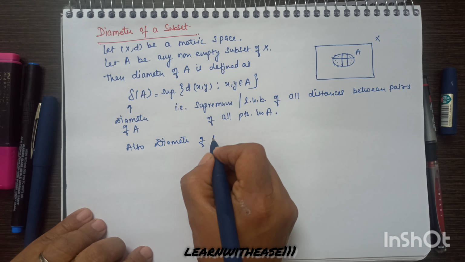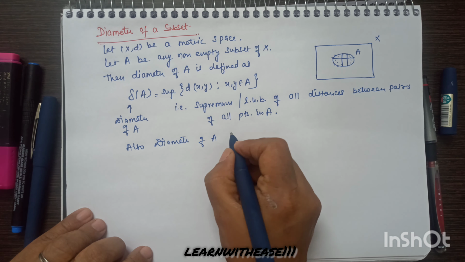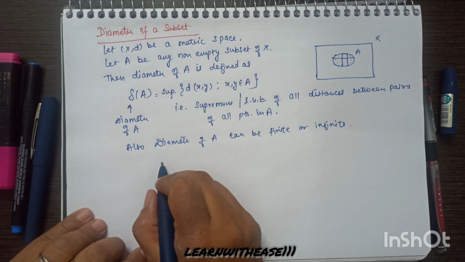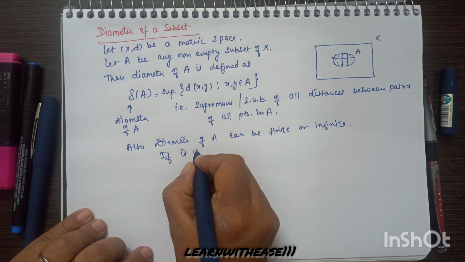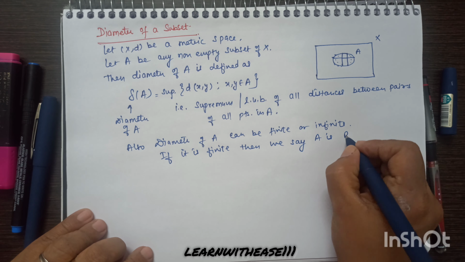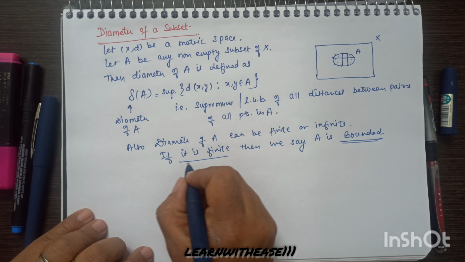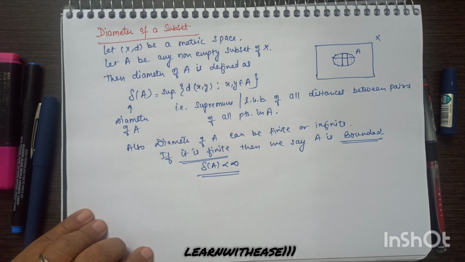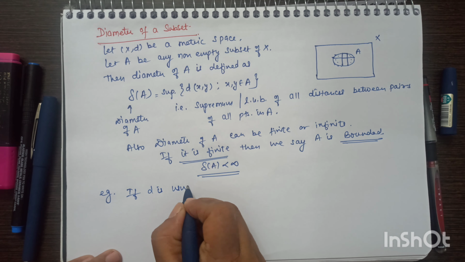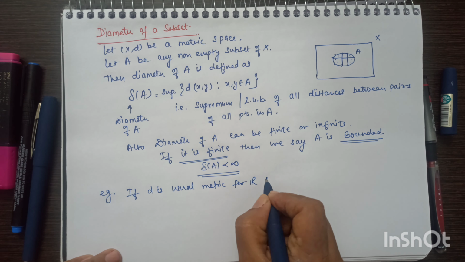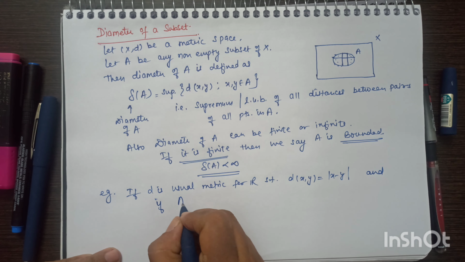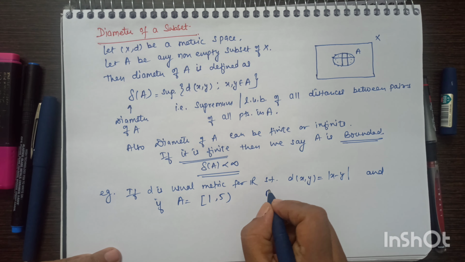Also, diameter can be finite or infinite, depending upon the set. If the diameter is finite, then we say set A is bounded. That is, diameter finite means del A is less than infinity. Now for example, we are taking the same usual metric on R because it is the simplest metric where we can find and understand the concept easily.